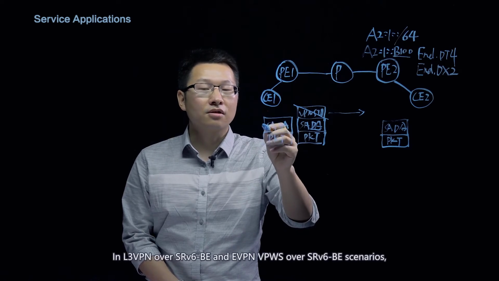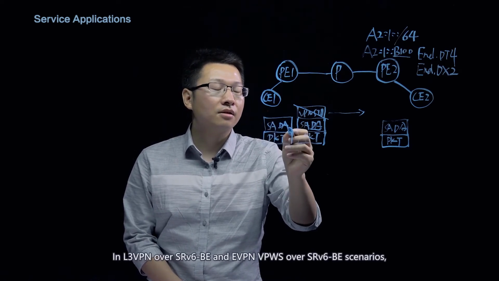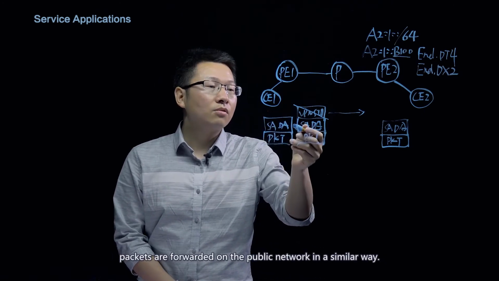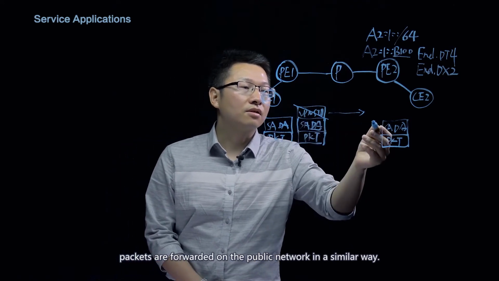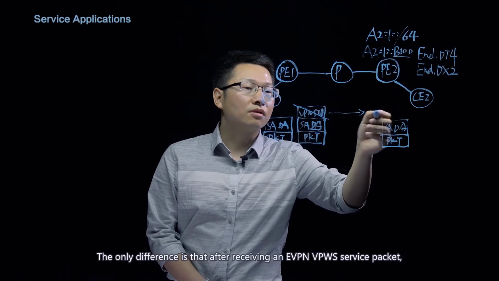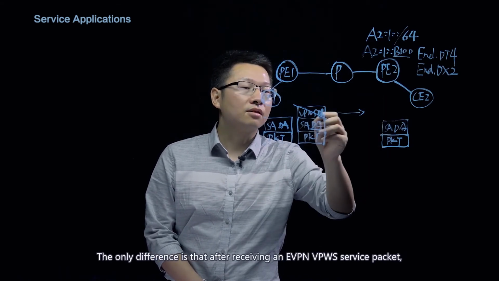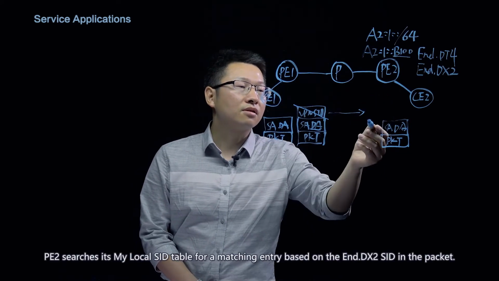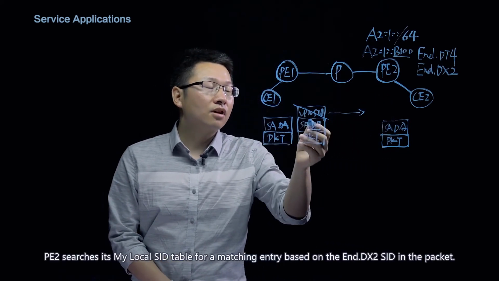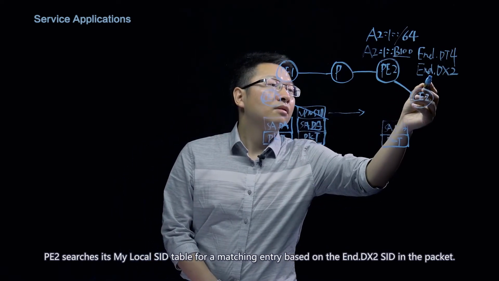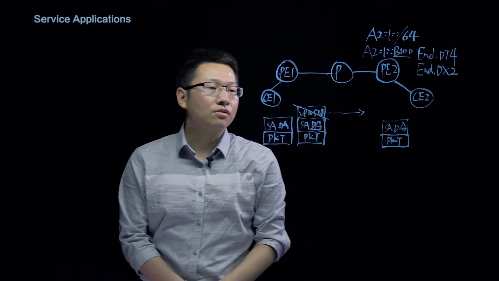In L3 VPN over SRv6 BE and EVPN VPWS over SRv6 BE scenarios, packets are forwarded on the public network in a similar way. The only difference is that after receiving an EVPN VPWS service packet, PE2 searches its My Local SID table for a matching entry based on the End.DX2 SID in the packet.